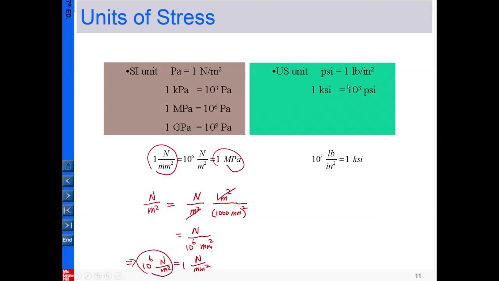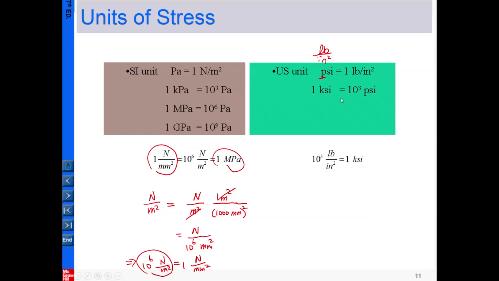On the other side, if we are going to use English units, for example using pound as the force unit, then per inch squared is called pound per square inch, PSI. So that is the definition.